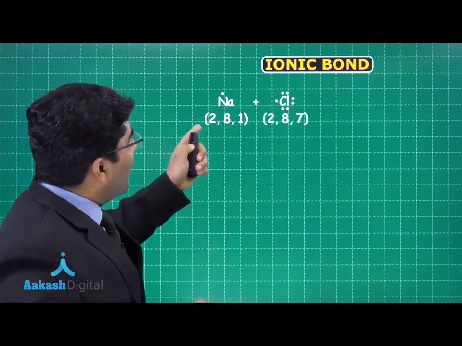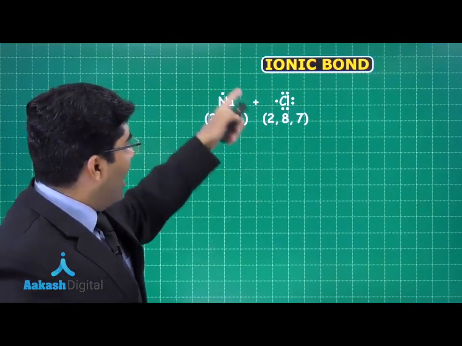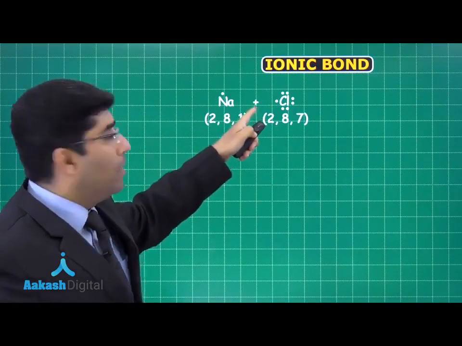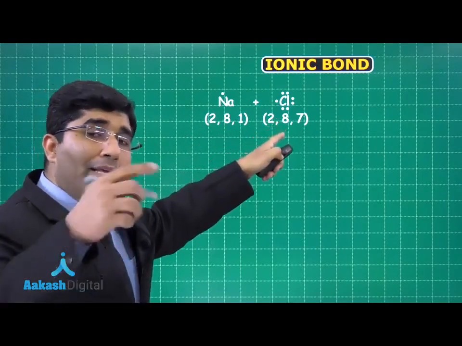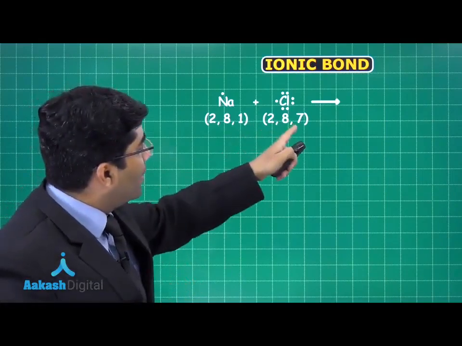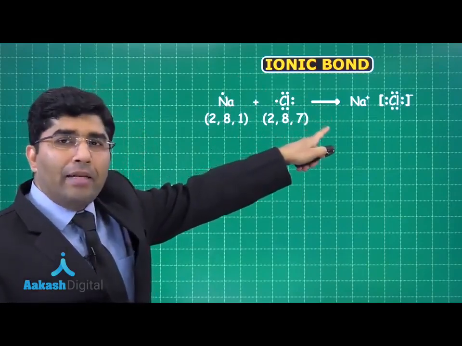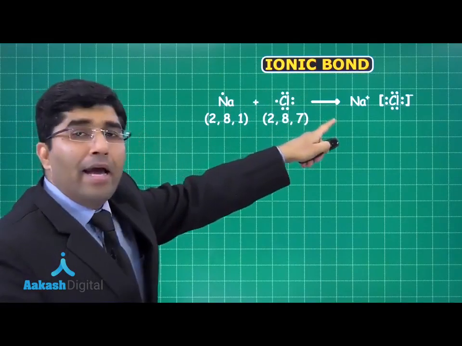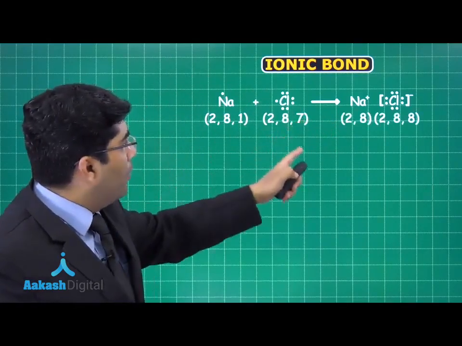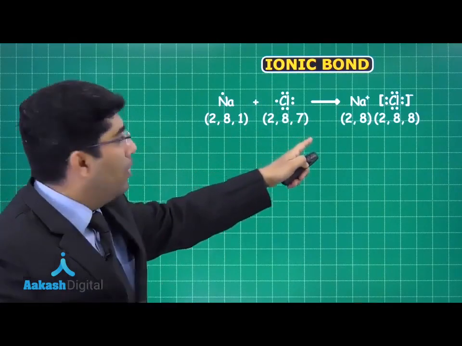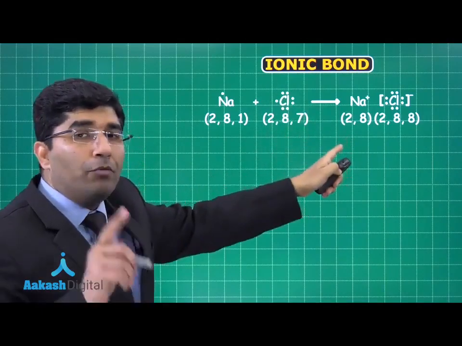Now on reaction with chlorine, which has the electronic configuration 2, 8, 7, having 7 electrons in the valence shell, sodium will lose 1 electron and chlorine will gain 1 electron, and after this reaction we will get Na+ and Cl-, where Na+ is a cation and Cl- is an anion, right? And the electronic configuration of Na+ will be 2, 8, that is of neon, and chloride will be 2, 8, 8, which is of argon.